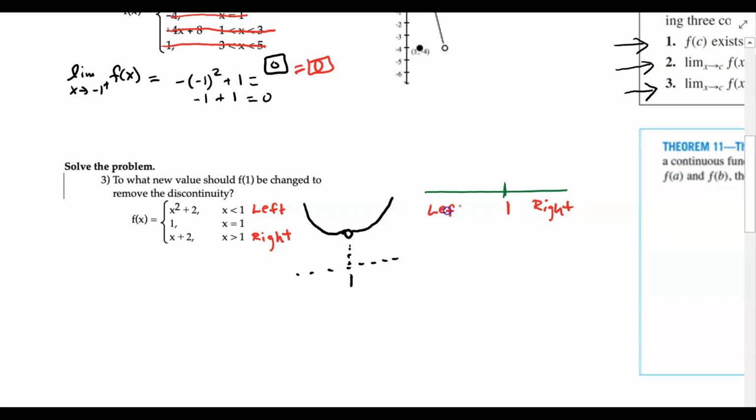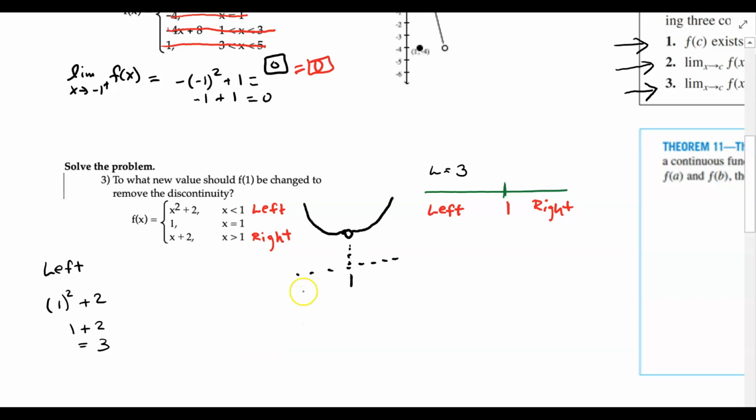Now I'm going to plug in the 1. On the left, I have 1 squared plus 2, which is 1 plus 2, which is 3. So the limit here is 3.